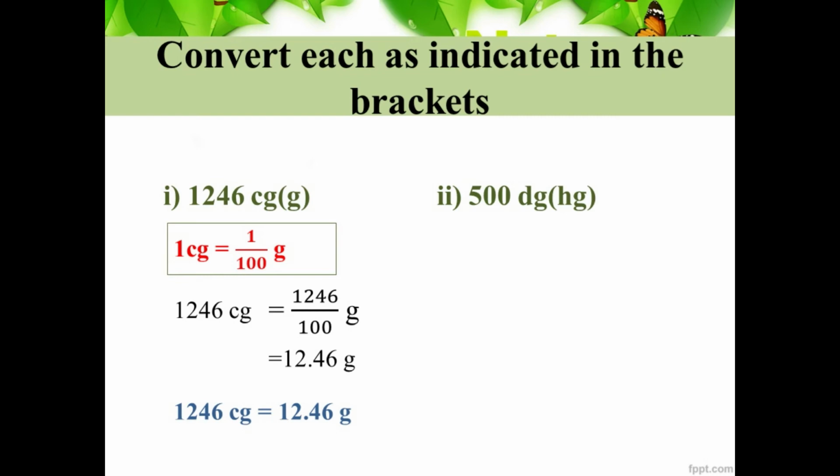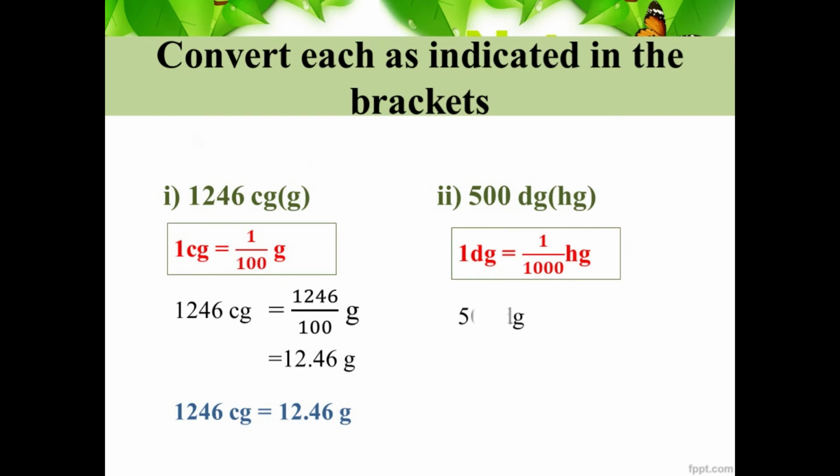From dg to gram 1 step, from gram to decagram 2 steps, decagram to hectogram 3 steps. So we have to divide by 1000 to convert to Hg. 1 dg equal to 1 by 1000 Hg.